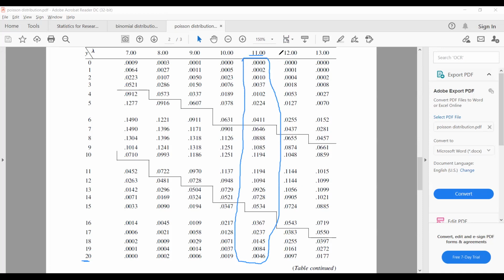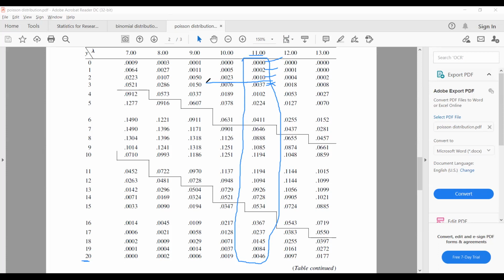So, ano ang ating mga i-consider? Zero, 0.02, 0.01, 0.37, kasama pa ba to?